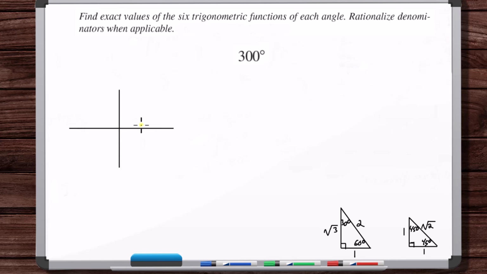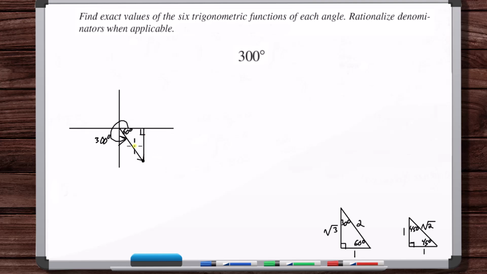All right, so 300, so you have 360 as a full rotation. You go 60 here, so we've got something like this. In the fourth quadrant, and the reference angle is 60 degrees. It's the angle that the terminal side line makes with the horizontal.